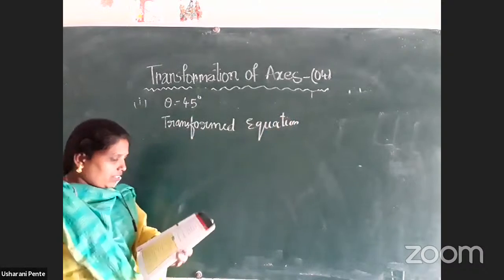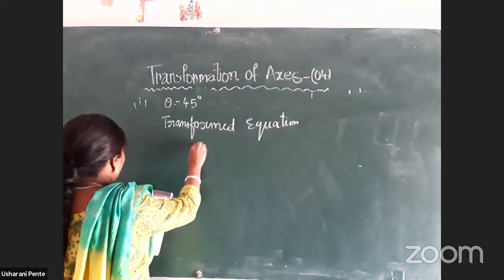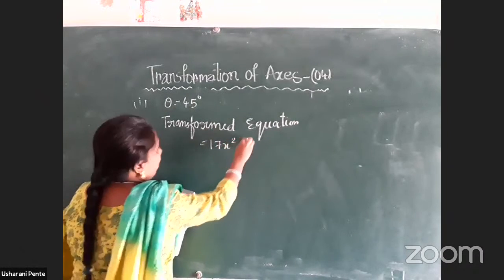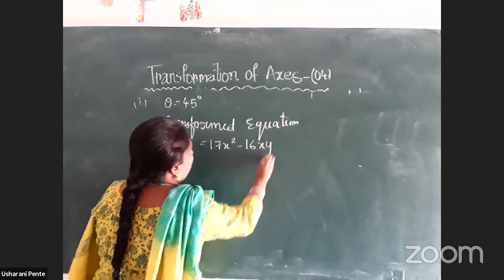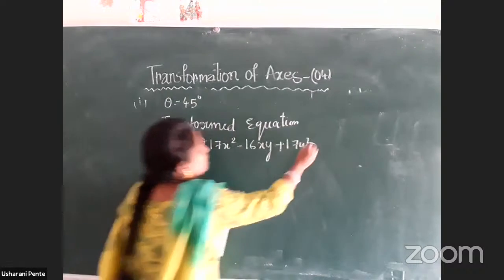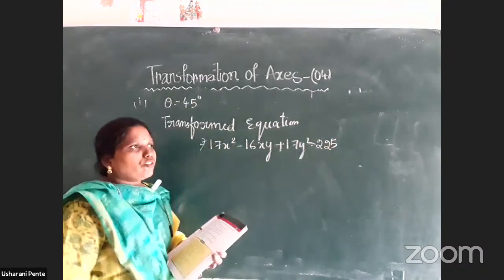Transformed equation is 17x square minus 16xy plus 17y square is equal to 225.